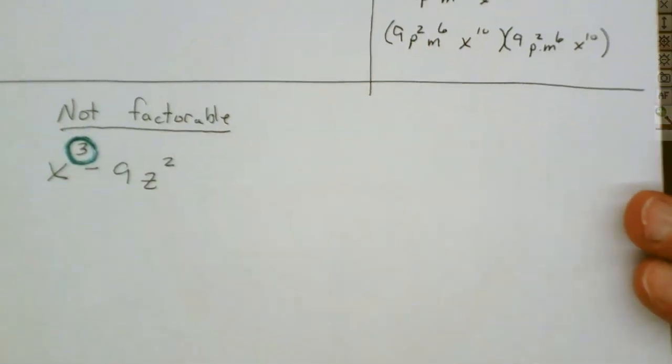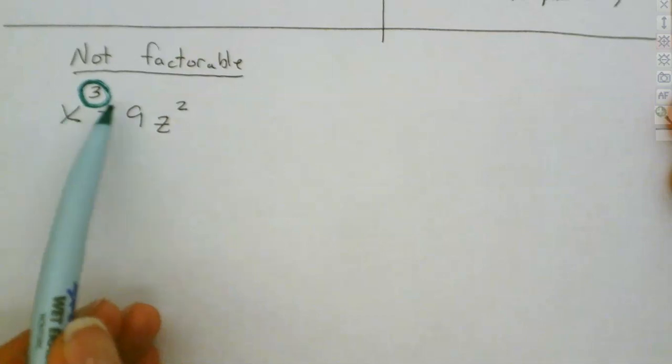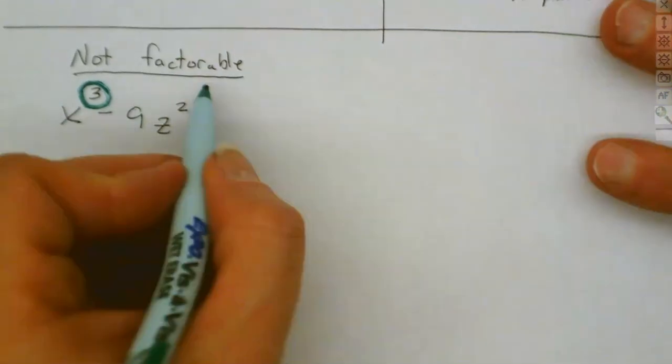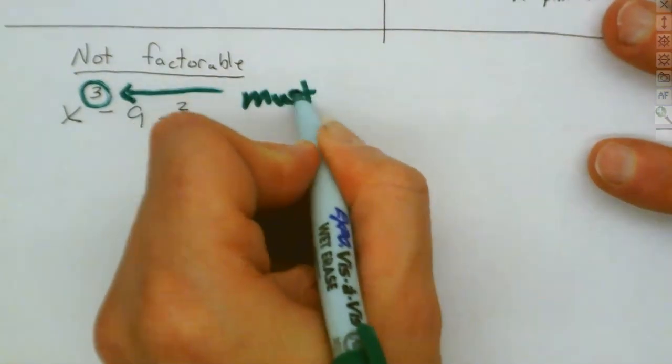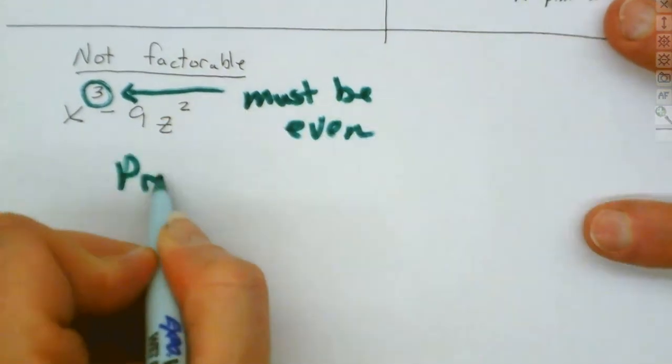Well, x cubed cannot be split up that way. It's not a difference of squares because x cubed can't be split in half. So that's why this one is prime. The reason why this one is prime is the exponent must be even. So this one is what's called prime.